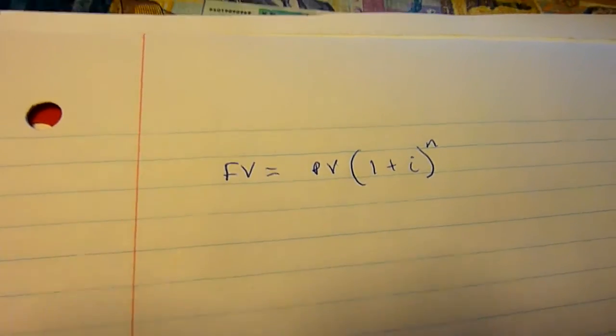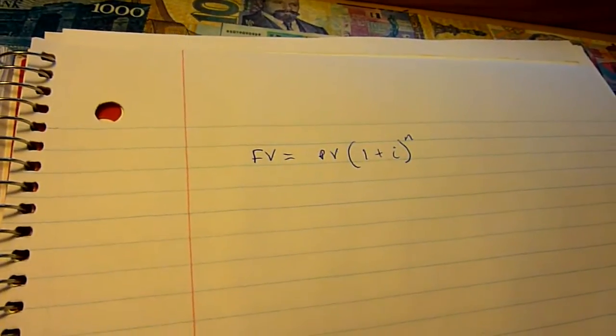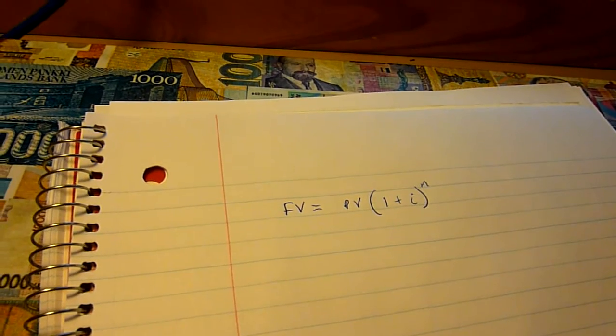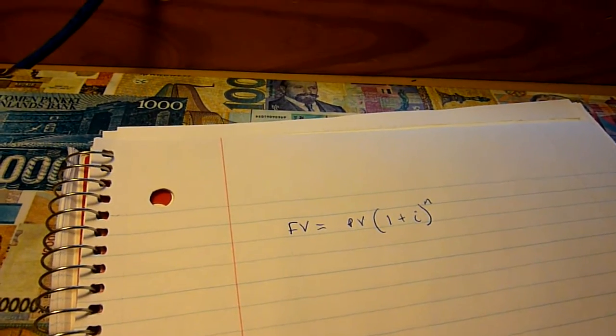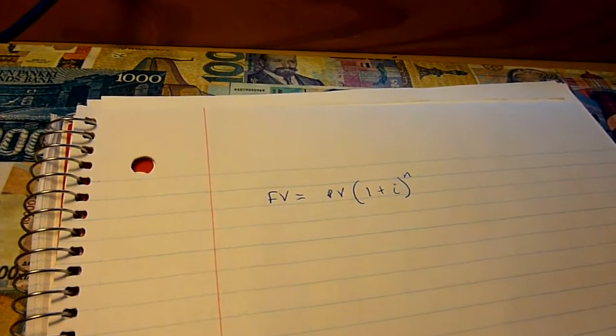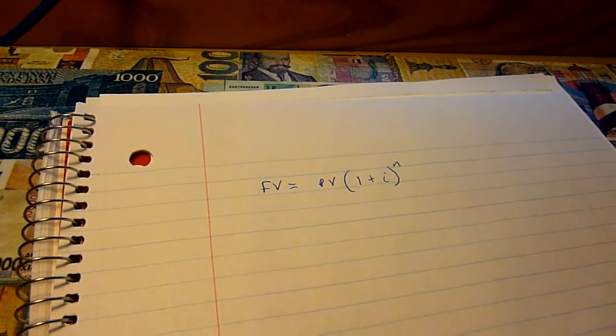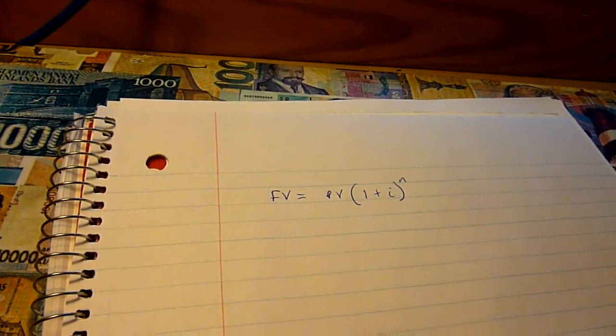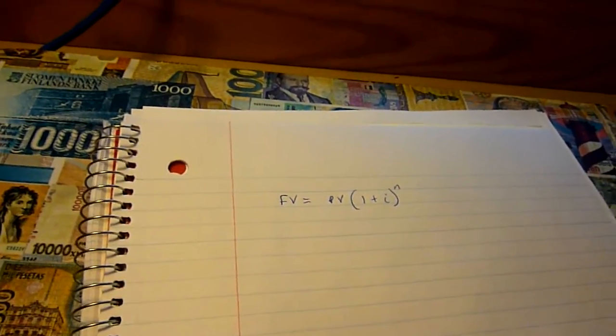That's the formula. Let's say you want to know how much money you're going to have in 35 years if you have $50,000 in your bank account now.